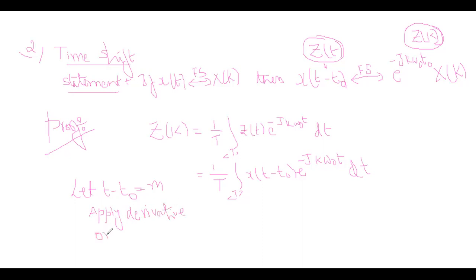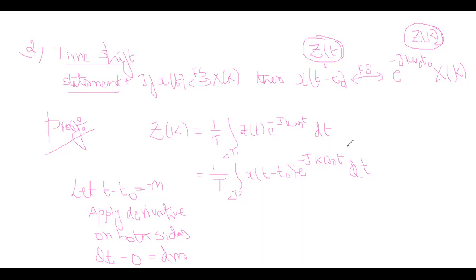The derivative of t is dt, minus the derivative of t naught, which is 0, is equal to the derivative of m, dm, because t and m both are variables.